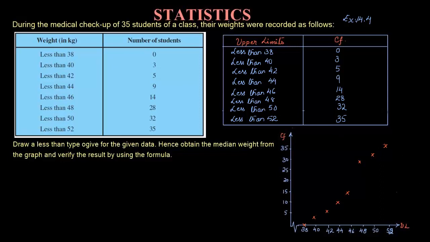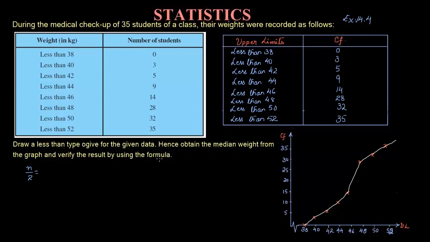Now let me just draw a smooth curve joining all these points. Okay, so you got the curve like this. Now how to find the median from this curve? So to find the median, we need to understand the median class, and for finding the median class, we need to find n by 2.